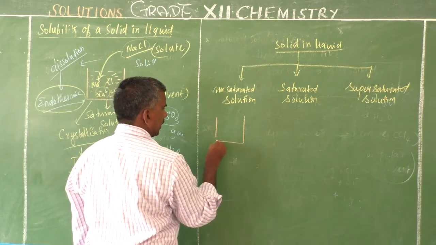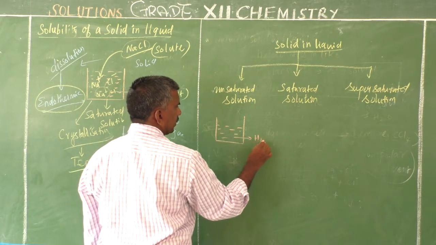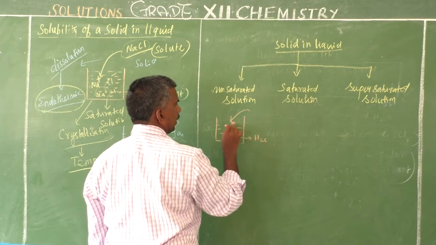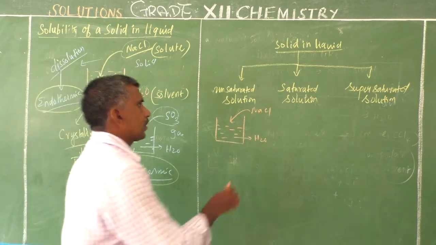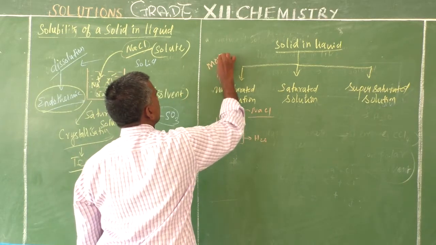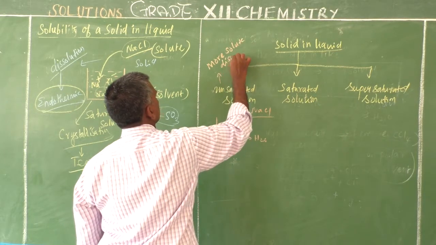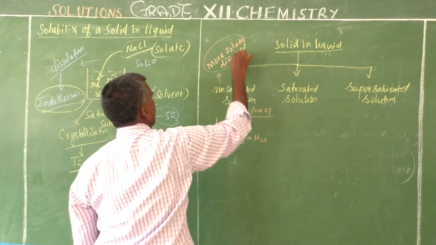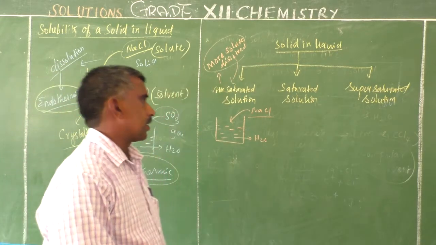Consider these examples. You take a beaker, fill it with water, and add a trace amount of sodium chloride. More solute can still be dissolved. This is known as an unsaturated solution.